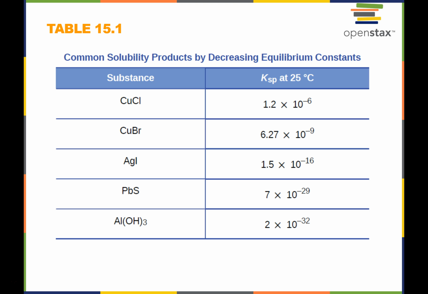One of the things we talked about with equilibrium constants, and now specifically KSPs: the smaller they are, does it favor the reactant or the product side?